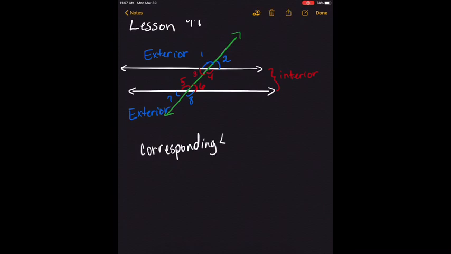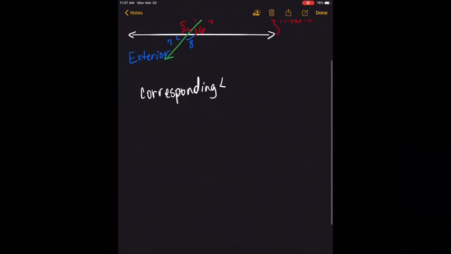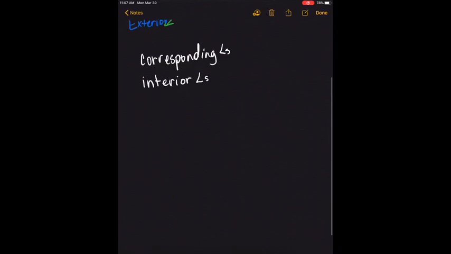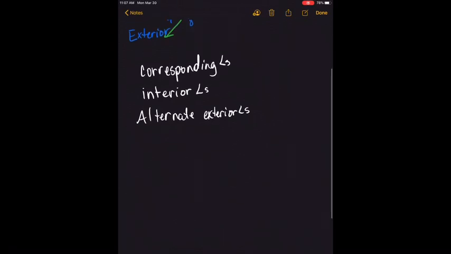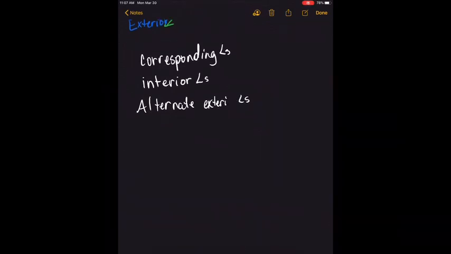Corresponding angles, I'm just going to use the angle symbol. Interior angles. Alternate exterior angles, and should be actually alternate interior angles.